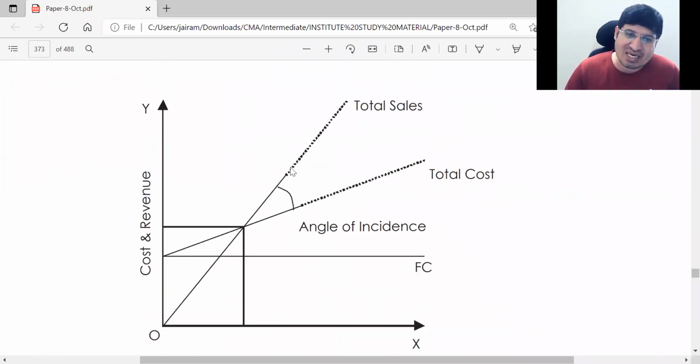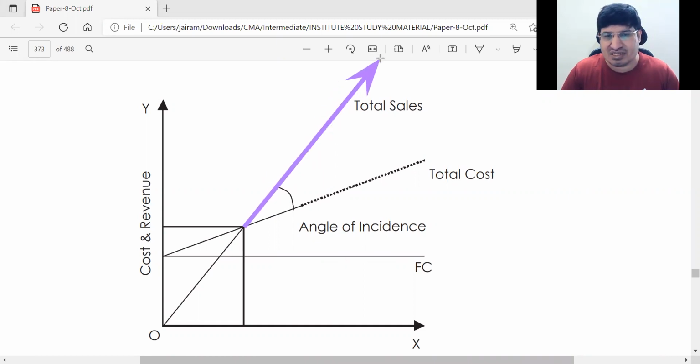Dotted line में मैंने आपको बताया था, there I had shown you, right? Increase होगा तो same line will increase, so there will be no change in angle of incidence. Understood? ठीक है, same line is going to increase with increase. यहाँ पे भी same line यहाँ तक था, now it is going to increase further with increase in units sold.